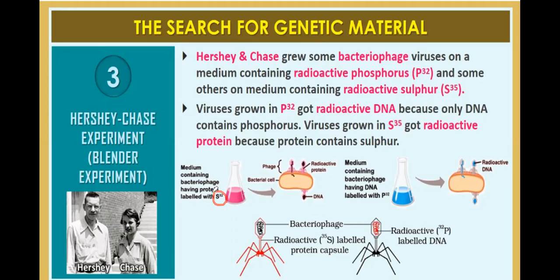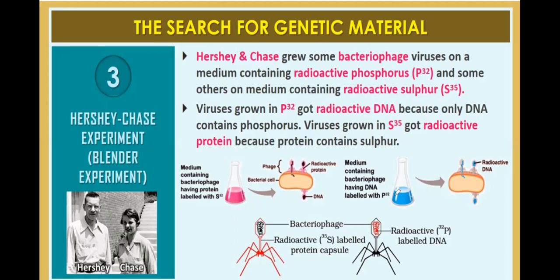This sulfur is used to label the protein. So protein was labeled. They also took another beaker in which they used phosphorus. They took a medium containing bacteriophage having DNA labeled with phosphorus 32.